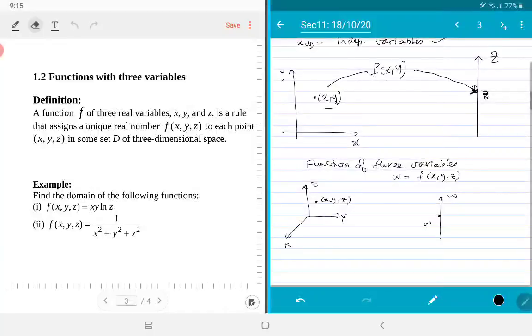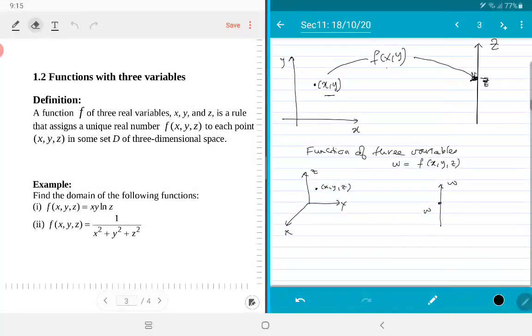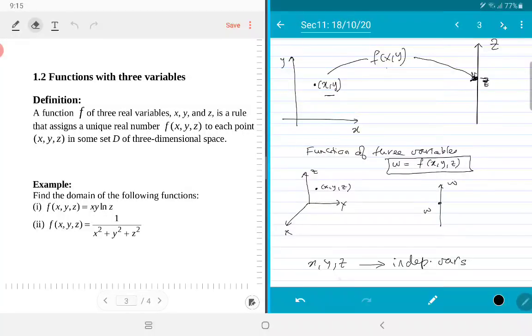Okay, now, so let's say here you have a function w is equal to f(x, y, z). So here you can see that x, y, z are what we call the independent variables, and here w is the dependent variable.